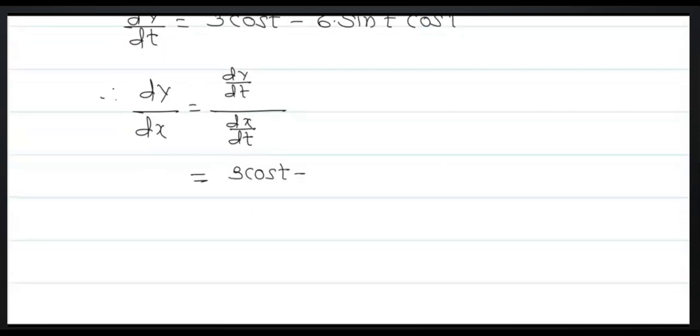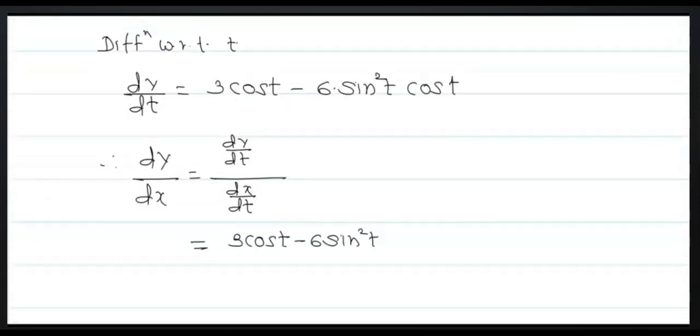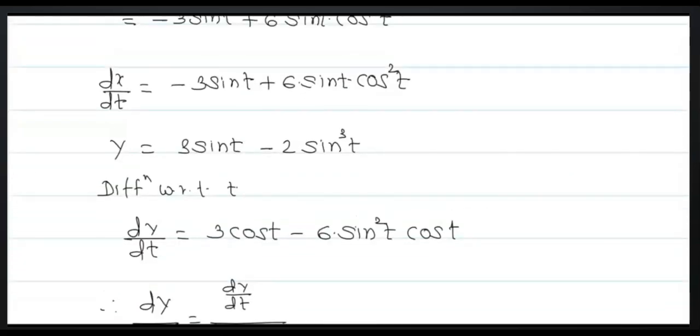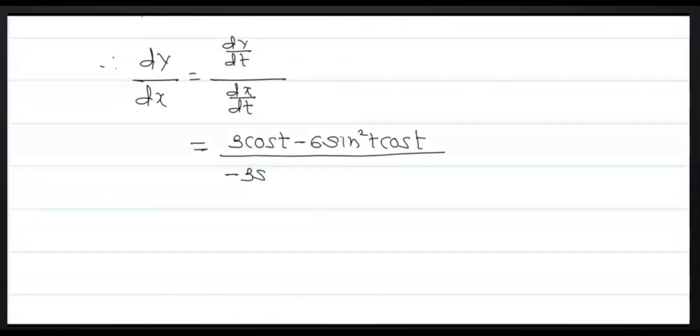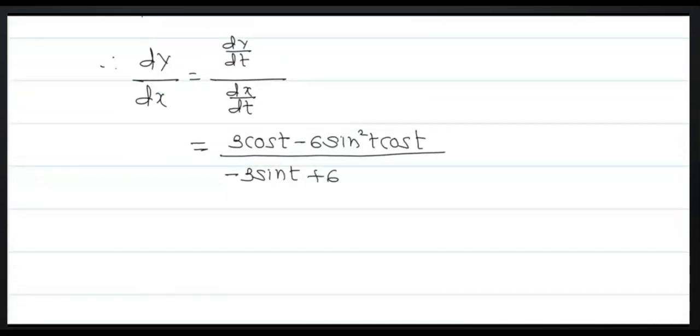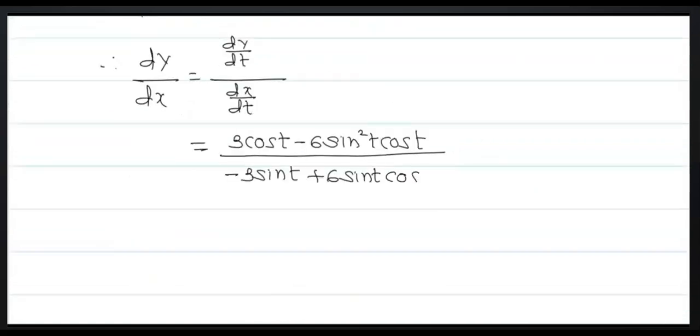That is 3 cos t minus 6 sine square t into cos t upon minus 3 sin t plus 6 sin t into cos square t.